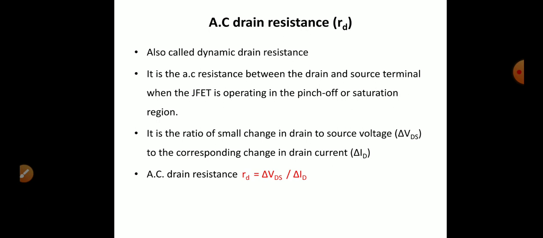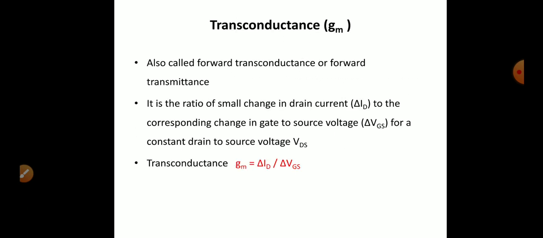Here we take the change in drain source voltage and the change in drain current because the signals are AC. That's why we take the change in voltage and change in current. Therefore, AC drain resistance rd equal to delta VDS by delta ID. So, AC drain resistance is also called dynamic drain resistance.